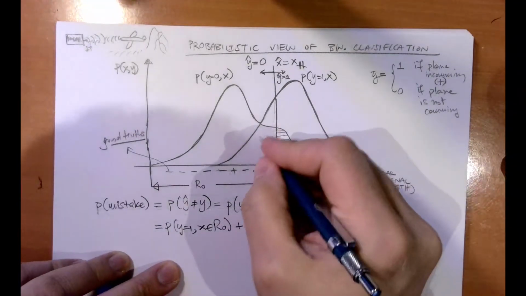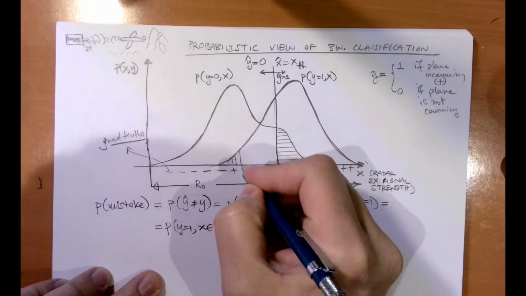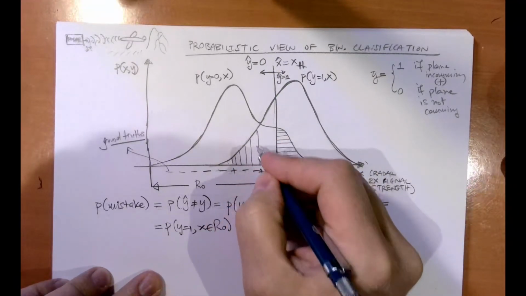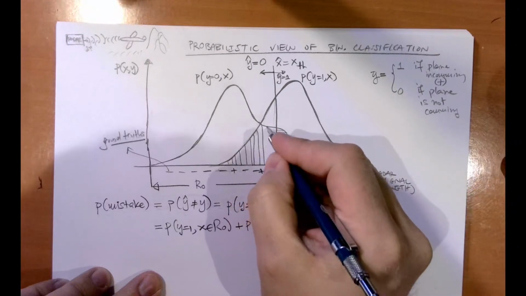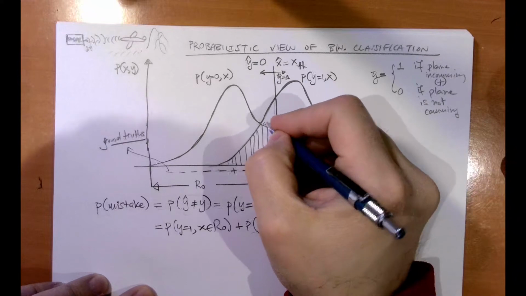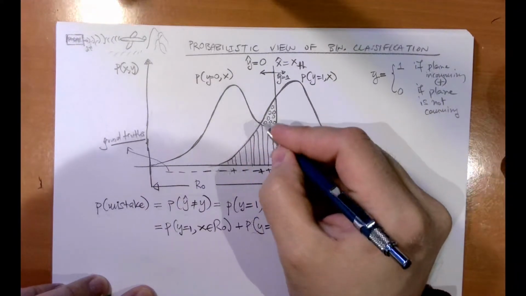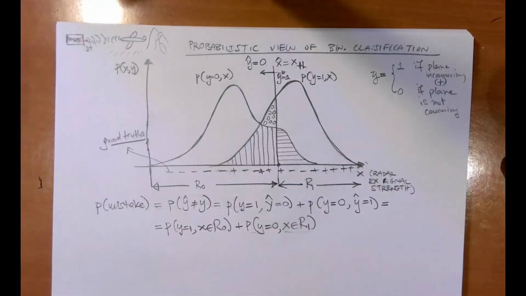Okay, so this tail, I will divide it into two subtails, I will call them, not regions, tails. This is one of them, and the other one is this guy over here. So the summation of these two, and why I divided them up, will become apparent in a moment.